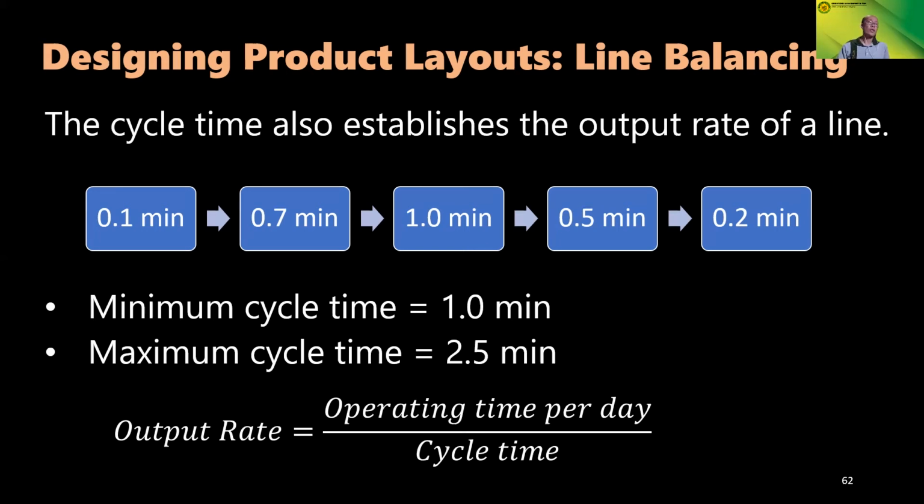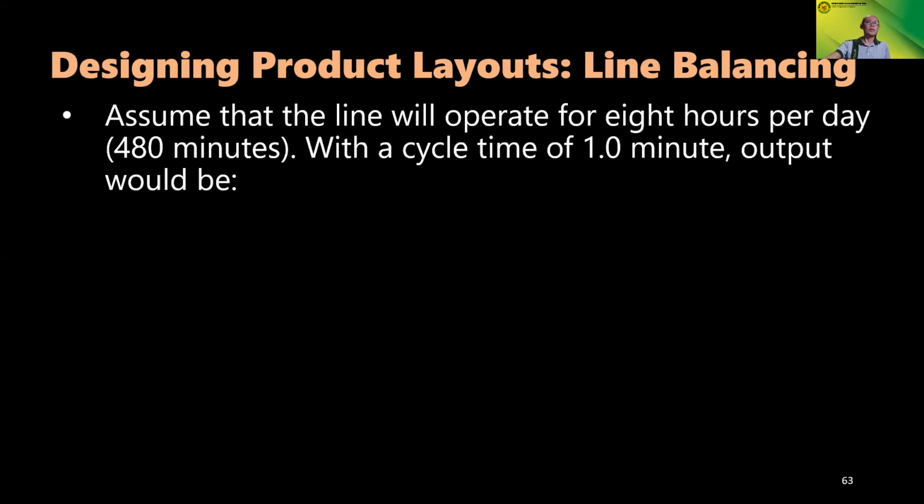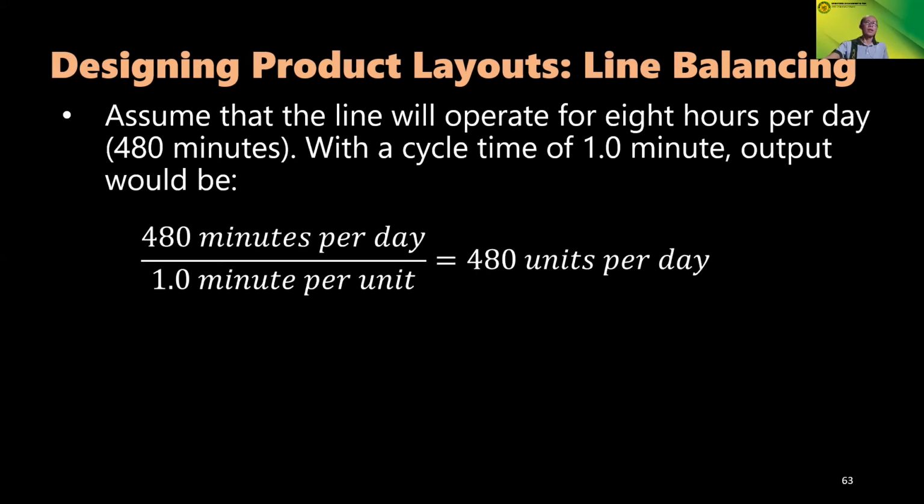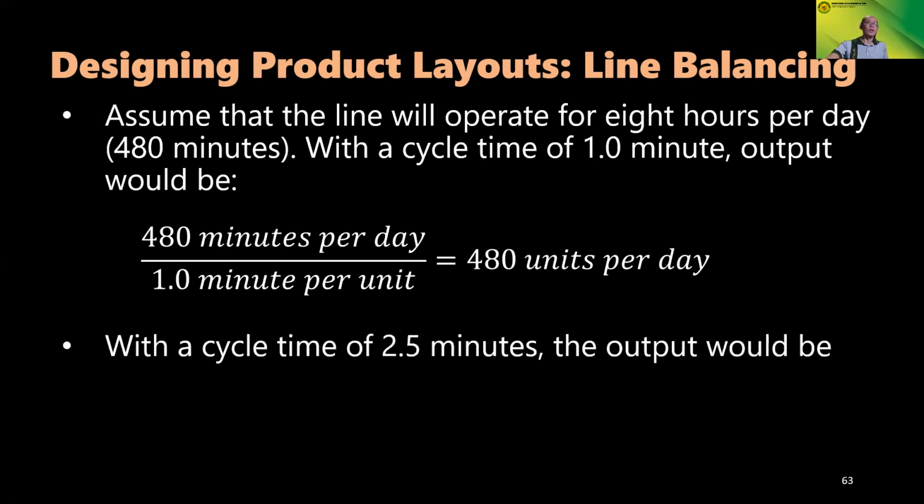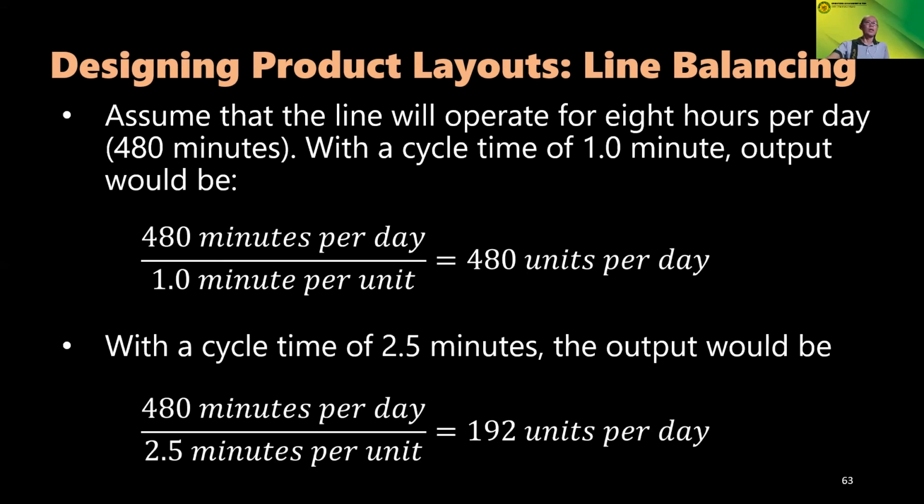So if one day has 480 minutes, and cycle time is 1 minute, your output rate would be 480 units per day. However, if your cycle time is 2.5 minutes, the output would be 192 units. That is 480 minutes divided by 2.5 minutes per unit.